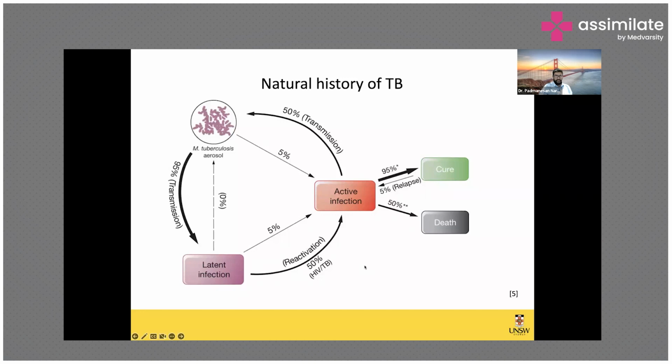For example, you're taking immunosuppressive drugs for your arthritis. You have immunosuppressed conditions like HIV or diabetes, or you smoke. You have indoor air pollution, which constantly damages your lungs. Then your chance of progressing from latent to active TB disease becomes very high. So very simple and a powerful slide just to illustrate the natural history of TB.